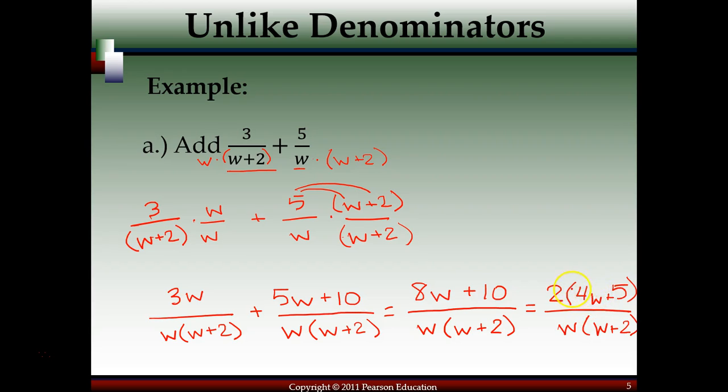And at this point, the factoring didn't really show us that we have common factors in the numerator and denominator to cancel out, so we can just keep our final solution as that, and we're done.